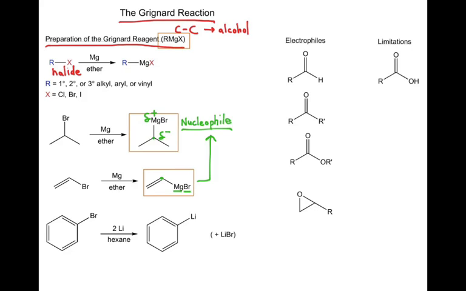And how this is really prepared is I take my alkyl halide, or in this case my aryl bromide, and I treat it with 2 equivalents of lithium and hexane, and a very similar process happens. The lithium will insert between the bond. 2 equivalents of lithium work, so one of the lithium forms LiBr and the other one is attached directly here. And the polarity of the bond is exactly the same.